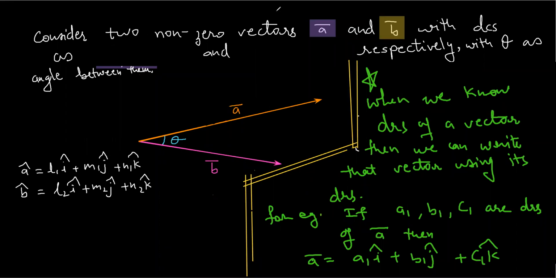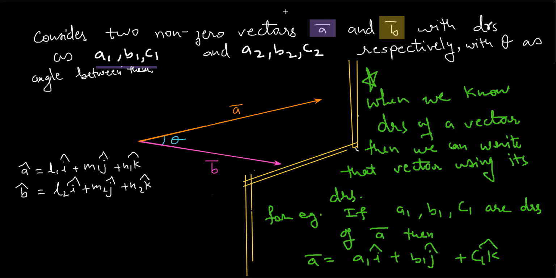So here I write, consider two non-zero vectors A bar and B bar with DRS, not DCS, as A1, B1, C1 and A2, B2, C2 respectively, with theta as the acute angle between them.